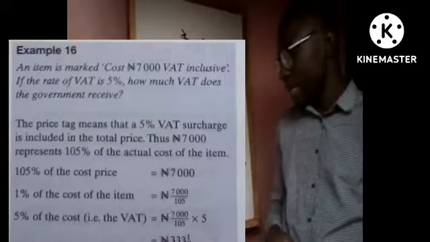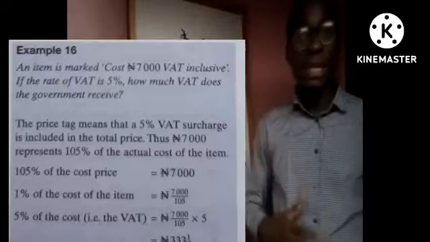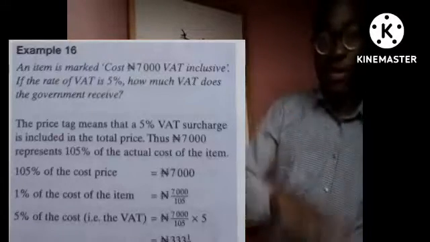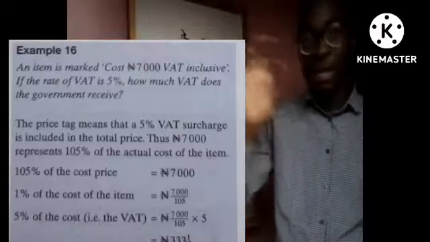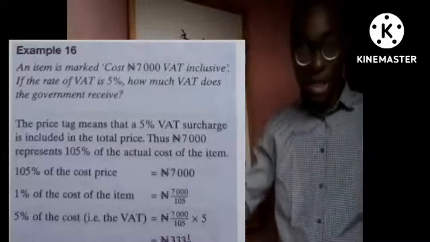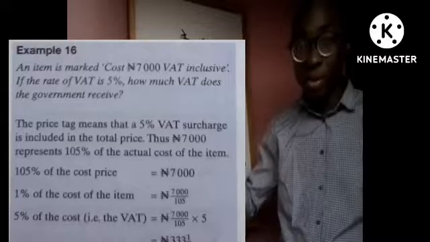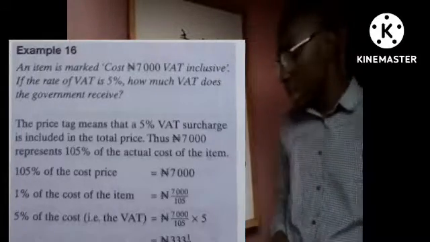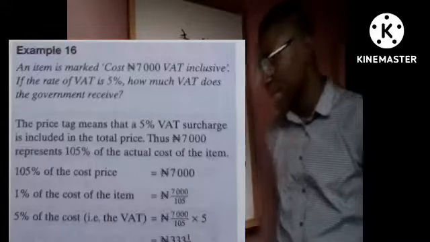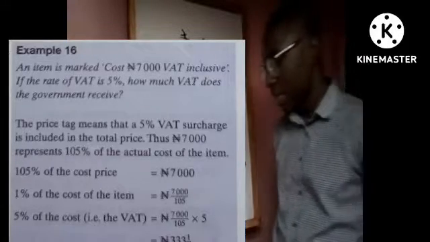So now you can see that if the VAT is inclusive, that means the VAT plus the amount of the product will be equal to the total amount. That means that 7,000 naira will be equal to 100% of the product cost plus 5% of the product cost. That's 105% of the cost. So 105% of the cost price is equal to 7,000.